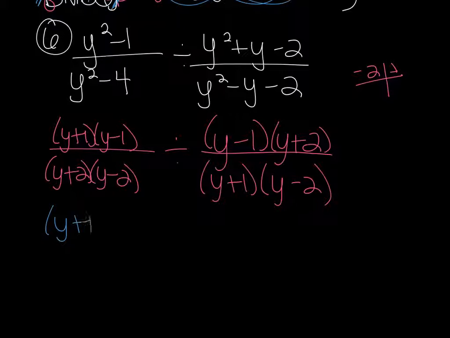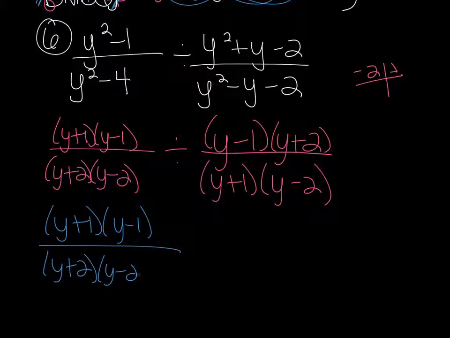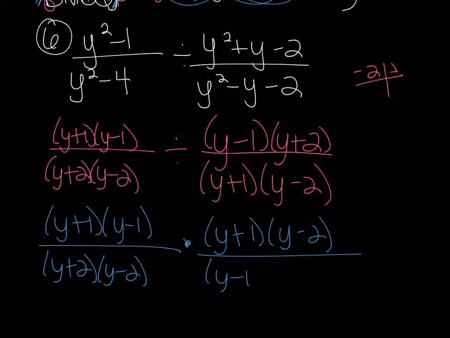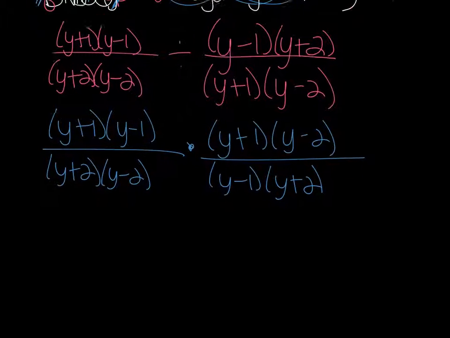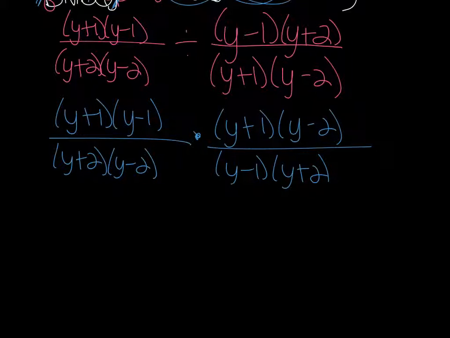We're going to keep the first fraction the same. But whenever I change that division sign to a multiplication symbol, the numerator becomes the denominator and the denominator becomes the numerator. And then, this is the fun part, right? Crossing things out. What cancels out here?